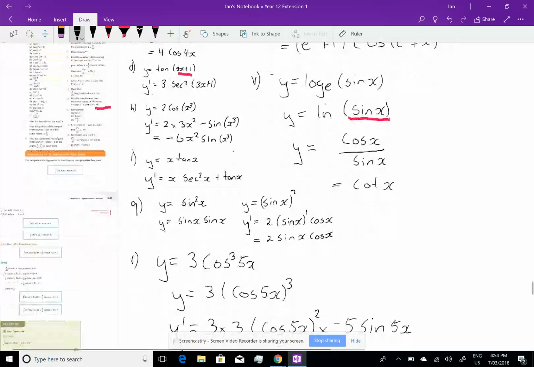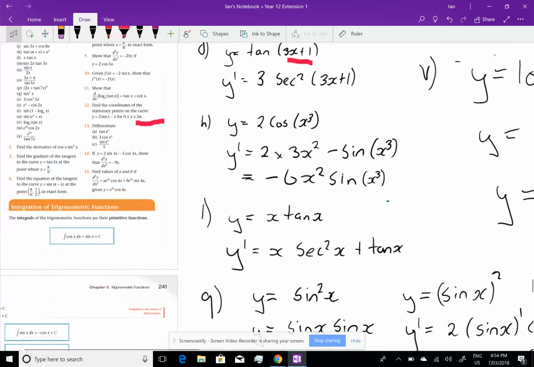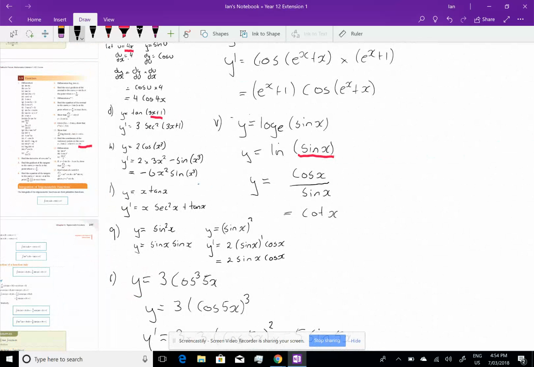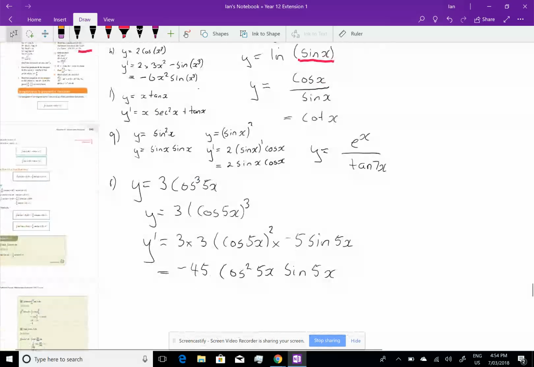And finally, I'll do x, which is e to the x on tan 7x. So y equals e to the x on tan 7x. Well, this is good. We get a chance to do the quotient rule.